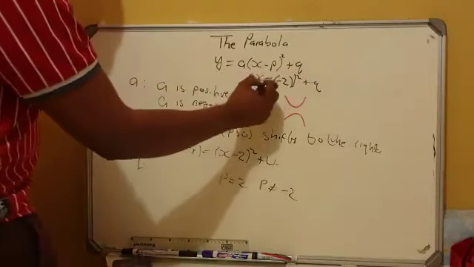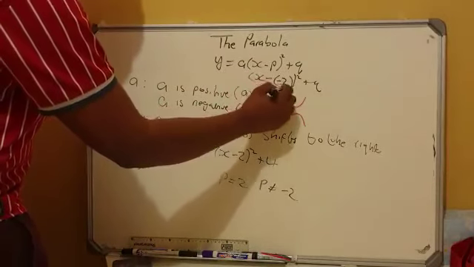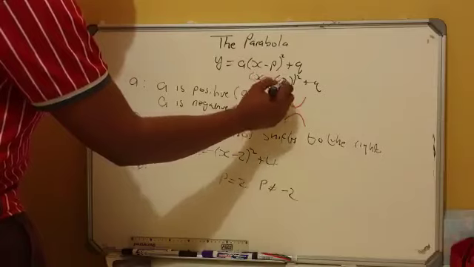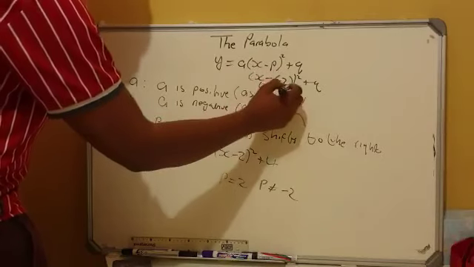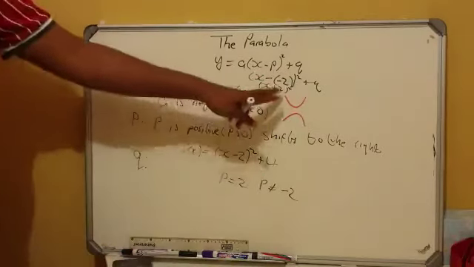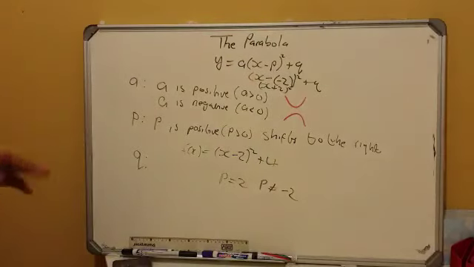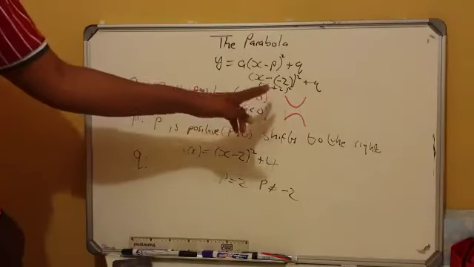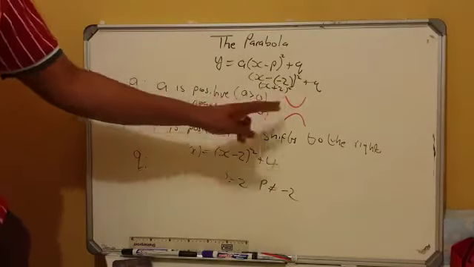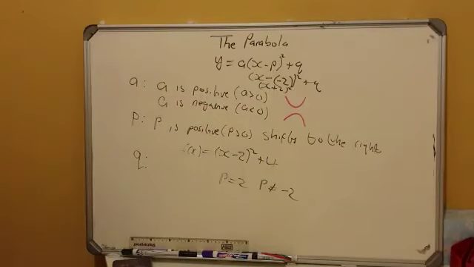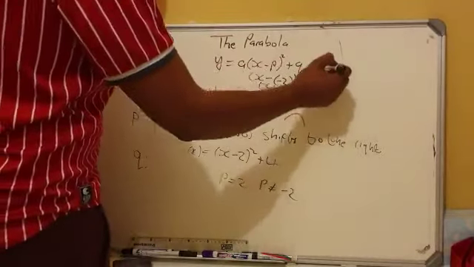At the end of the day, I'll have x plus 2, because a minus times a minus is a positive. So if you meet a situation where in the bracket you get x plus 2, you must know that your p in that case is negative.